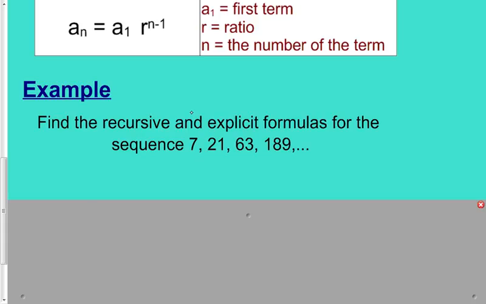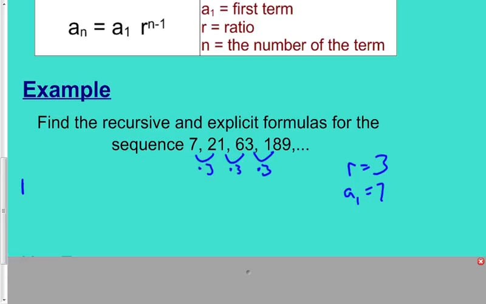So it looks like it's multiplying by 3 every time. So that's the common ratio. So r is 3. The starting point, which would be a sub 1, is 7.